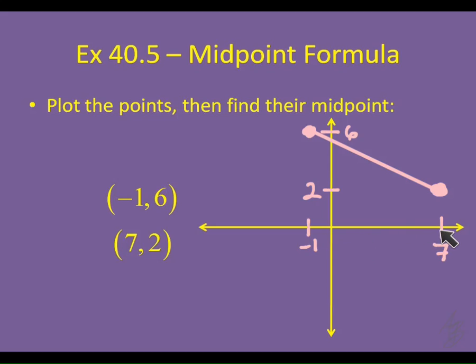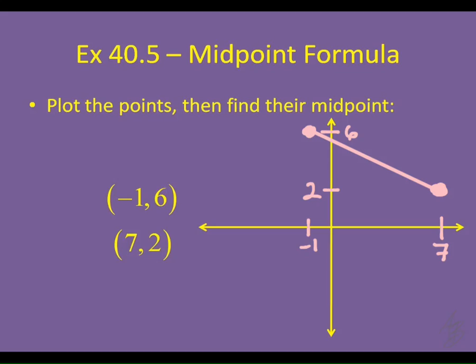Notice that I have the 7 quite a bit farther from the origin than I have the -1. And also notice that I have the 6 about 3 times as far from the origin as I have the 2. So try to make it somewhat accurate so that when you get an answer, you can check the reasonableness of your answer by looking at the picture.